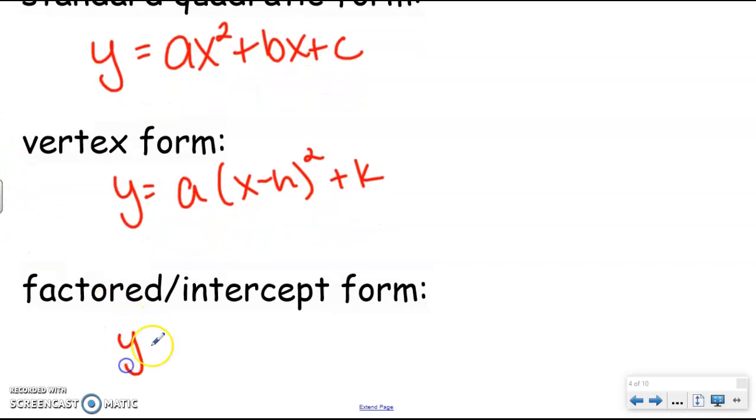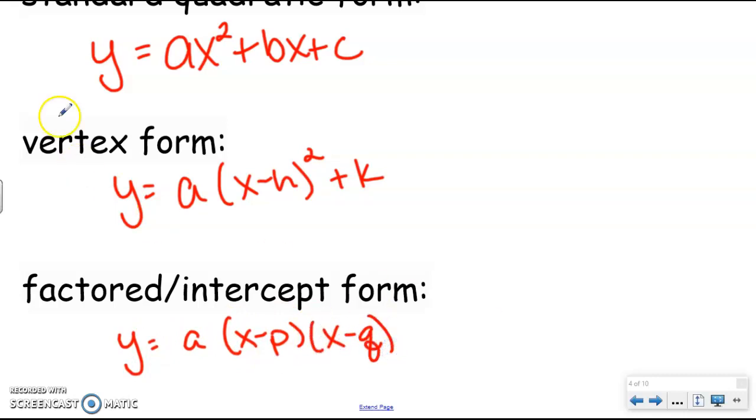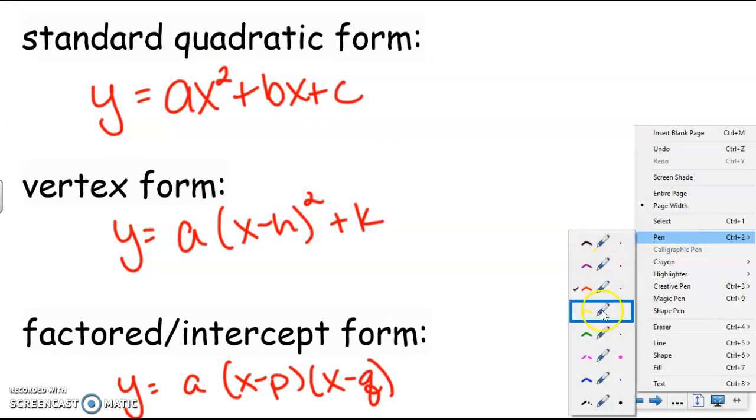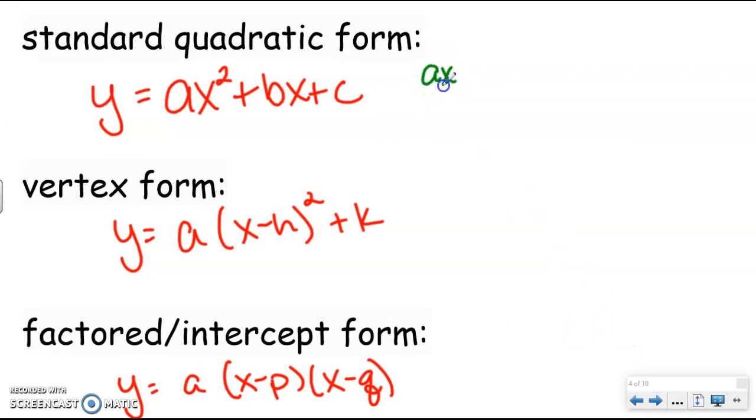And factored form is in the form a times x minus p times x minus q. So for the first one, to find the axis of symmetry to start, you're going to do the opposite of b over 2a, and then you can plug that in to find your vertex.